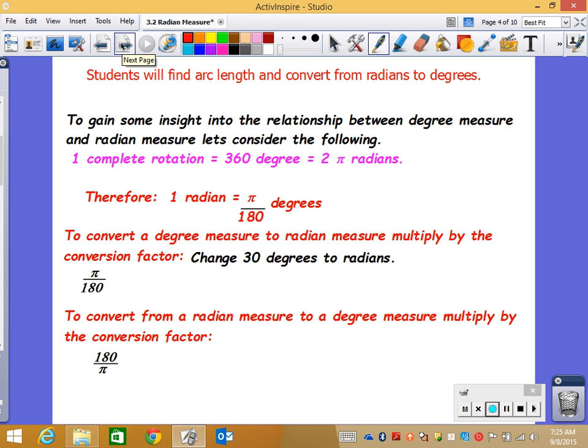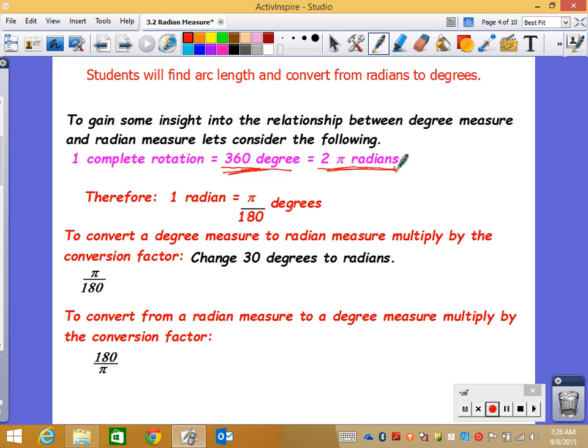Okay, we're going to dive a little bit deeper into this. We want to create this relationship between degrees, radians, and rotations. So we have that one complete rotation is equal to 360 degrees, or 2 pi radians. Do a little bit of rearranging, and we get that 1 radian is equal to 180 over pi degrees.